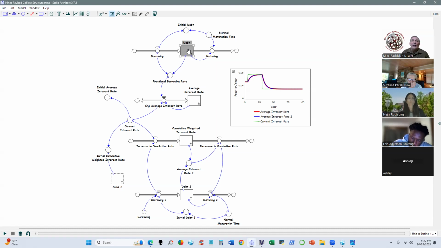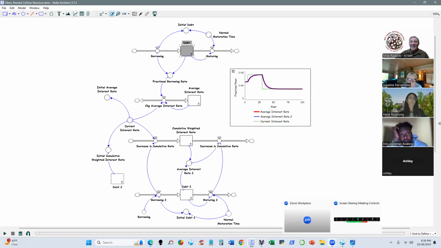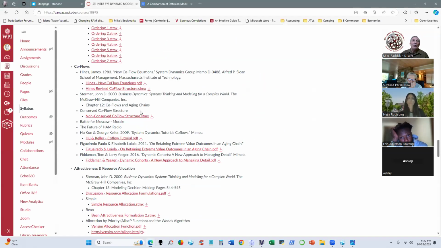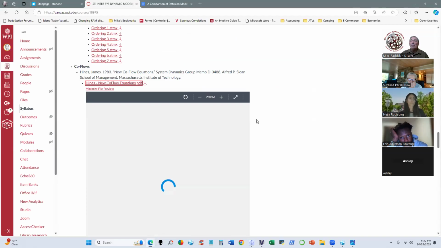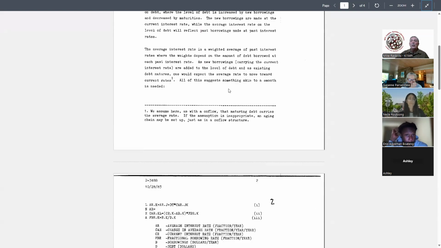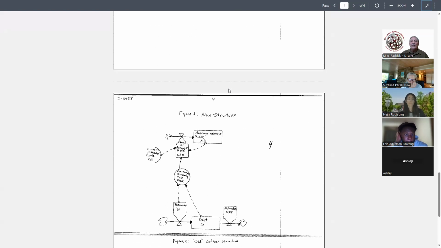In this example, it's the average interest rate associated with different debt instruments. Now, why did I pick that example? It might be a little more murky than the population example I just gave. Well, the reason is the guy who came up with this is Jim Hines. Here's the original. It was never published, but it's a D-memo, and it's a new coflow equation.